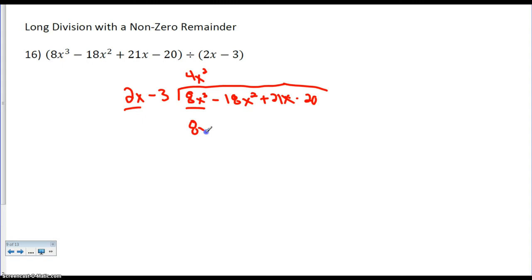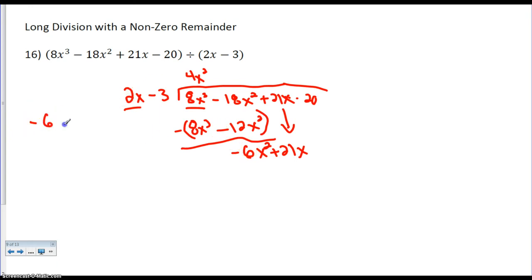So I got 8x cubed minus 12x squared. And when I subtract, I get negative 6x squared plus 21x. Then I take 2x times what gets me negative 6x squared.